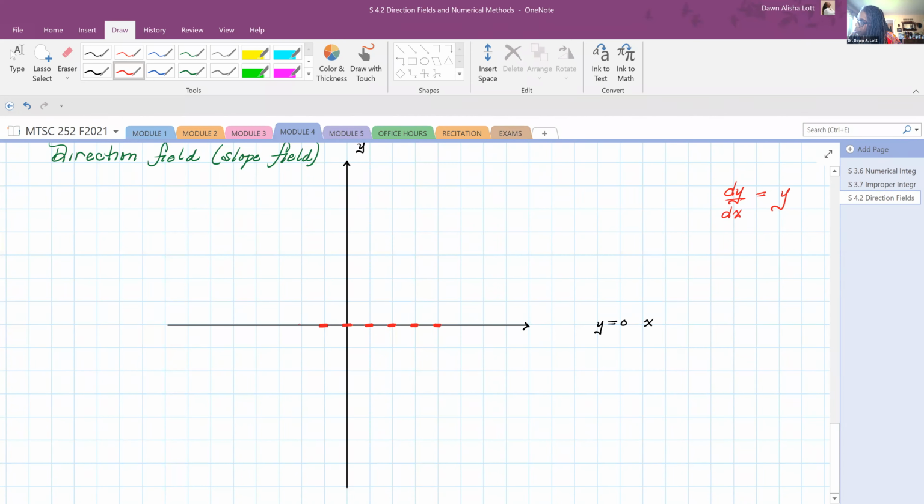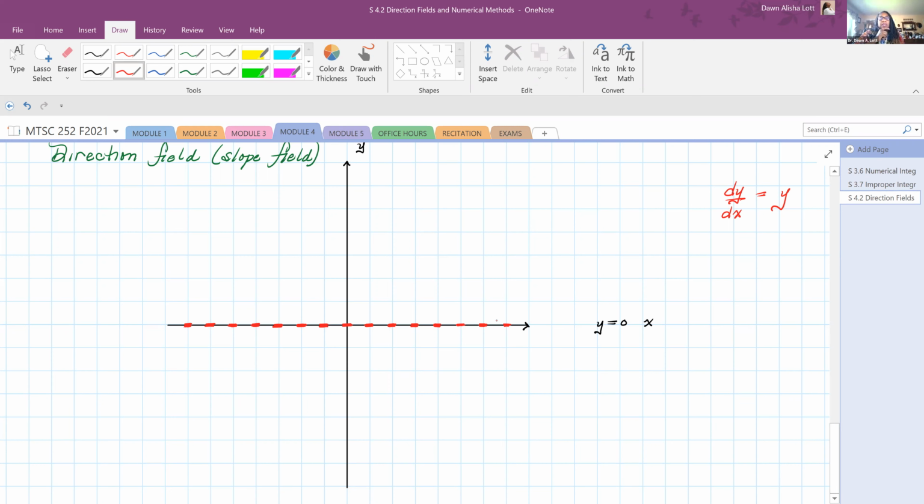Since y is 0 on this whole line, I'm going to draw little lines of slope 0 at every value. I don't have to do too many, but I did a lot. So that was y is equal to 0.